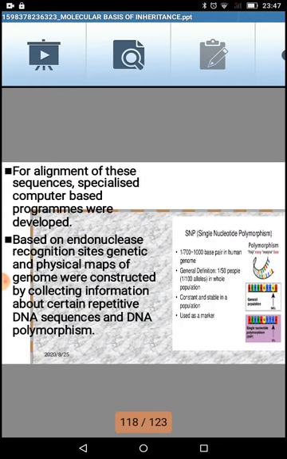Moving ahead, for alignment of these sequences, specialized computer-based programs were developed. Based on endonuclease recognition sites, genetic and physical maps of the genome were constructed by collecting information about certain repeated DNA sequences and DNA polymorphism.